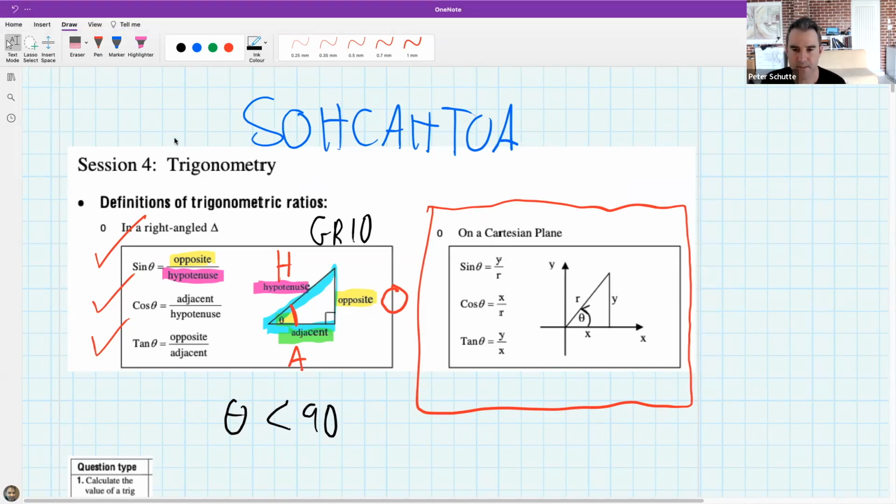Hi, Sia. Hey, sir. I think it's because now it's on a Cartesian plane. That's why it's different. Yep, that's exactly right. So instead of having the triangle by itself, the triangle is sitting in the Cartesian plane. Can you tell us about the X and the Y and the R? How does that come into it?